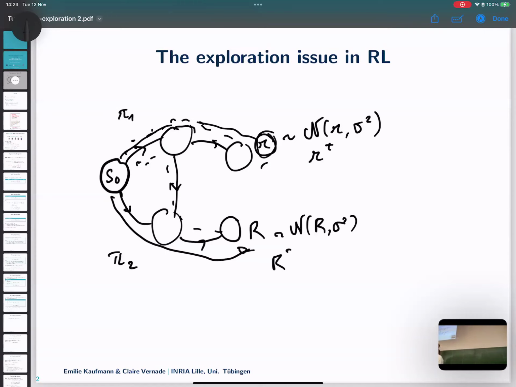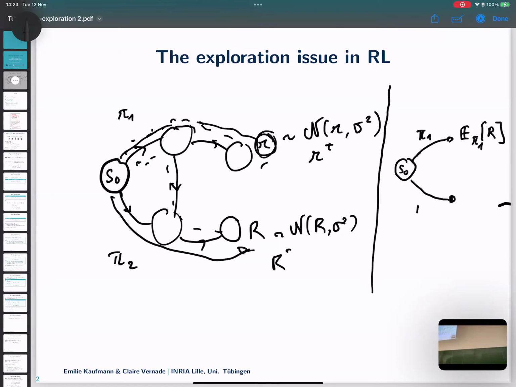What I've just described is a situation that we can model equivalently like this. I am in the state S0. I have a policy pi1 whose reward in expectation is smaller than the reward of the policy pi2.